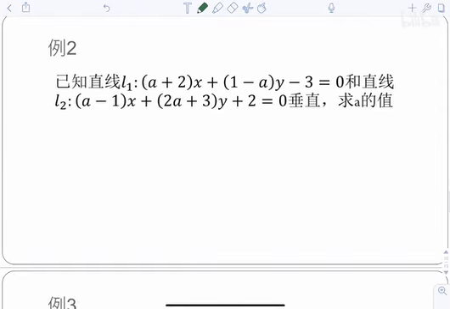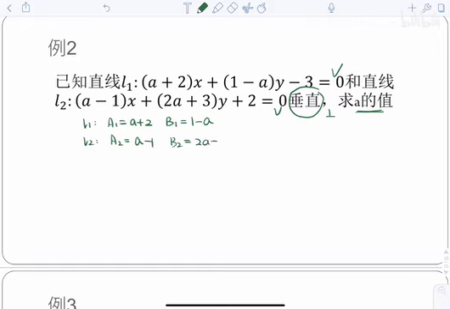So let's see another example. He tells you L1 is this line, and L2 is this line. He tells you these two lines are perpendicular, and he wants to know A. So from L1, we know A1 equals A plus 2, and B1 equals 1 minus A. And from L2, we know A2 equals A minus 1, B2 equals 2A plus 3.